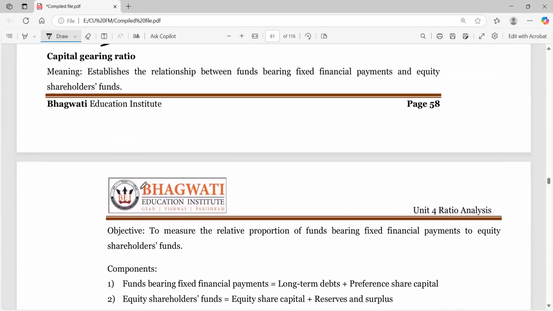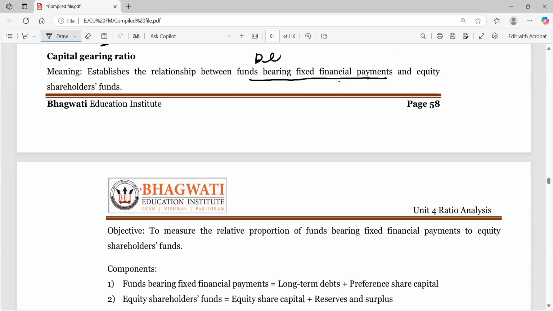Listen, next ratio is capital gearing ratio. So here in capital gearing ratio, the numerator includes everything except equity. Capital gearing ratio establishes the relationship between funds bearing fixed financial payments. What are all the sources of finance that bear fixed financial payment?